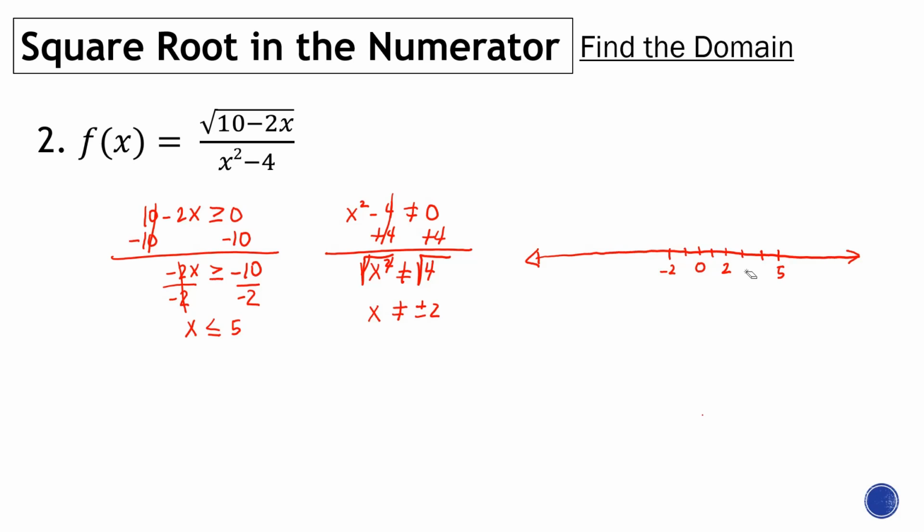That's number 5. Let's put the numbers that are part of the problem here. What do we mean by x is less than or equal to 5? So this is the meaning of that.